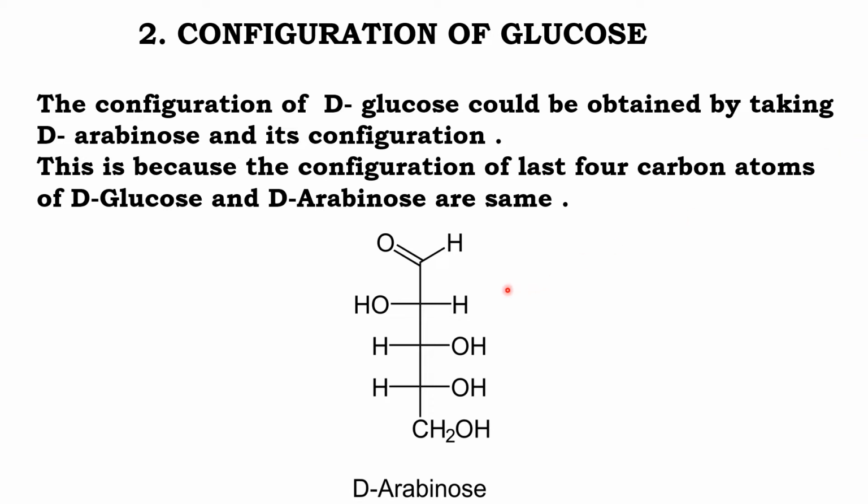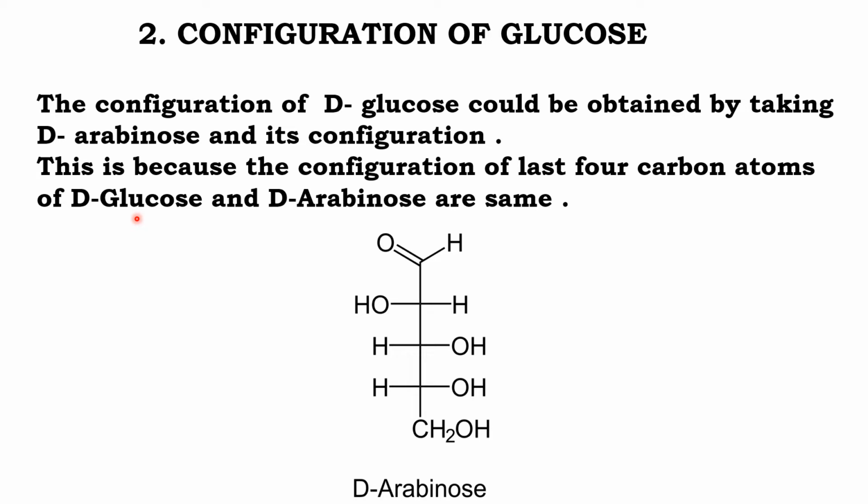So if I consider this is arabinose, the configuration of the second, third, fourth and fifth carbon atoms of D-arabinose, that is the configuration of the last four carbon atoms of arabinose, are exactly the same as that of the last four carbon atoms of glucose.